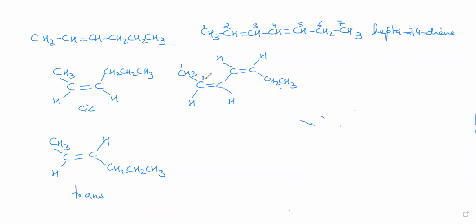This is your C2, C3, C4, C5, C6, and C7. Now, what is the configuration at C2? Whether it is cis or whether it is trans? Yes, there is cis configuration here because both the hydrogens are lying on the same side of the double bond.